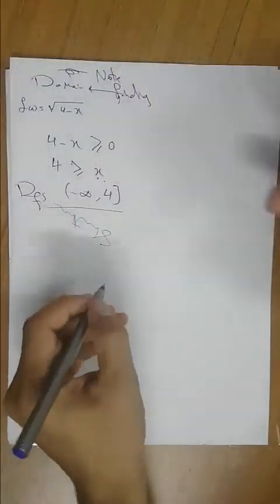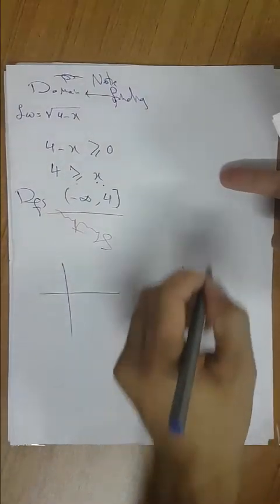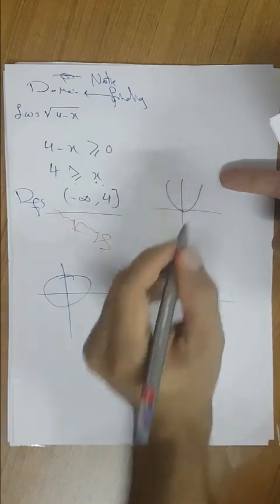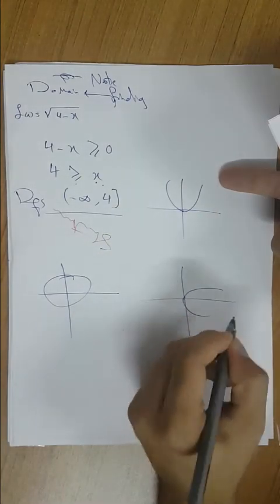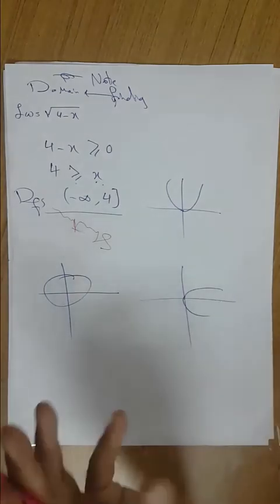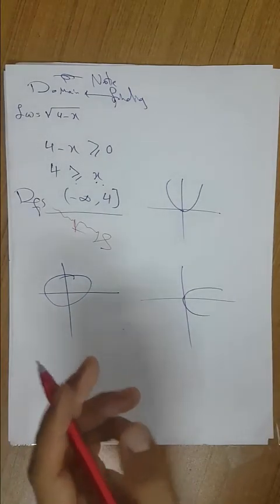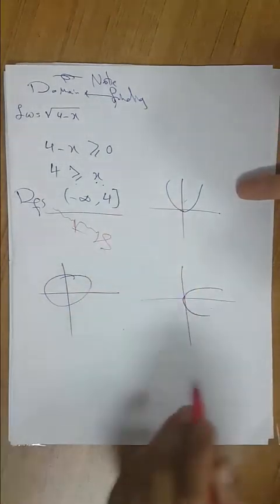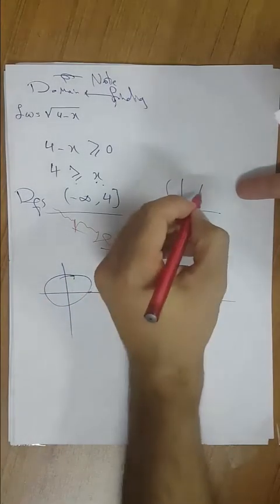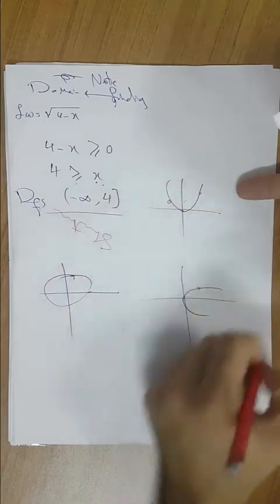If I give you, for example, 2 or 3 pictures, I have this one, this one, and that one. Which of them is a graph? All of them are graphs. Why? Because you have points, x and y, x and y, x and y. That's why all of them are graphs.